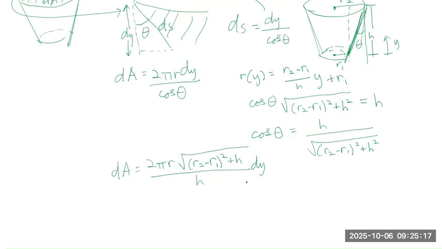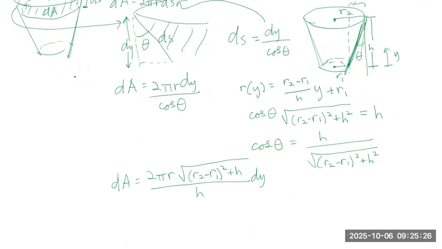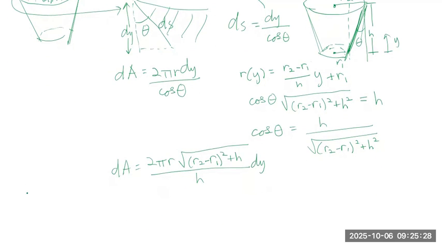Again, like we did for the sides, the torque acting on the full surface area of this face is going to be the summation, or let's say dT is going to be equal to the shear force multiplied by the area, which is dA, multiplied by r.